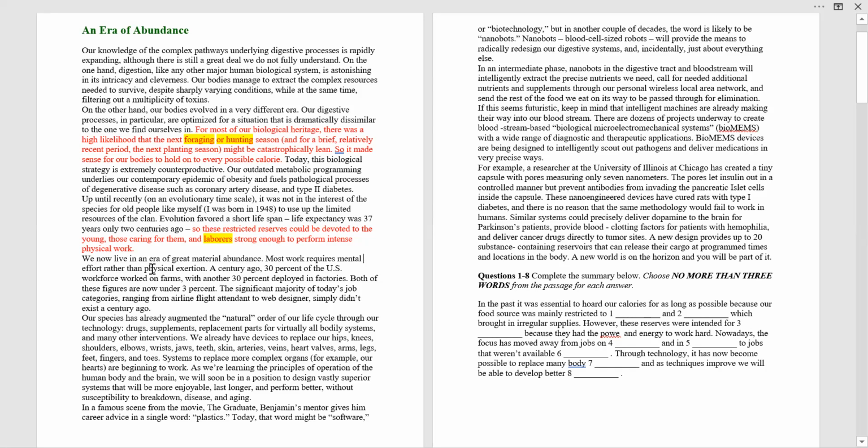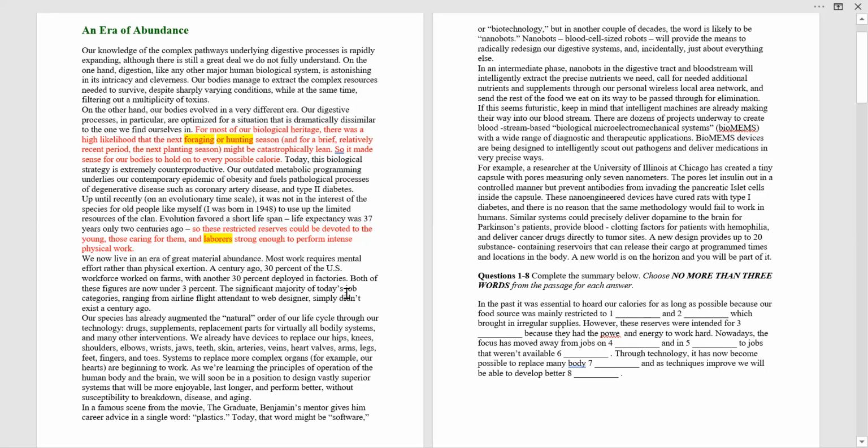What they are saying is, we live in an era of great material abundance. Most work requires mental effort rather than physical exertion. A century ago, 30% of the US workforce worked on farms, with another 30% deployed in factories. Both of these figures are now under 3%. That means people have moved away from these jobs. That was in our question, like which jobs people have moved away from.